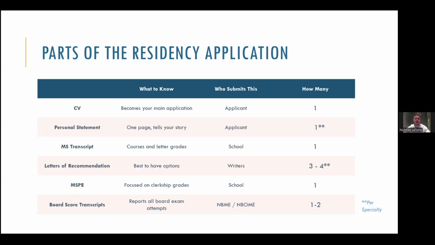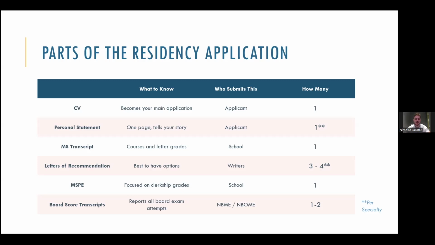It is copied and pasted, or transcribed, over to the format of the residency application, which for internal medicine, and for most specialties, is ERAS, the Electronic Residency Application Service, which is run by the AAMC.